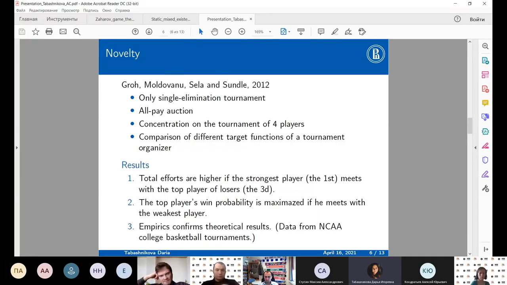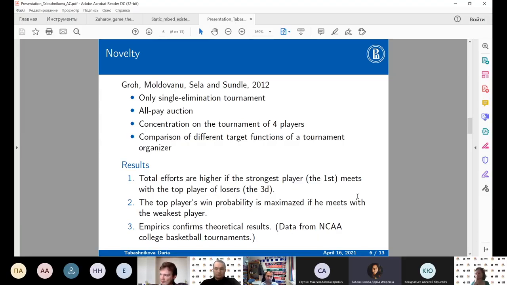One other paper focuses on different types of players, but still for tournaments of 4 players. They use an all-pay auction for probability, but they compare different goal functions for the designer of the tournament, and they get some results for different types of these goals.